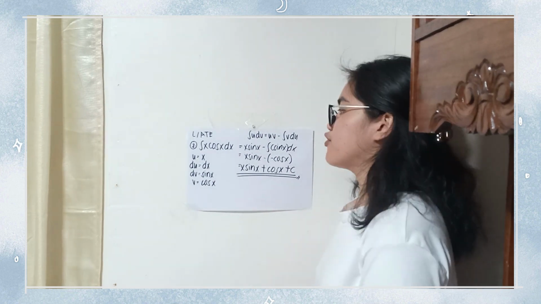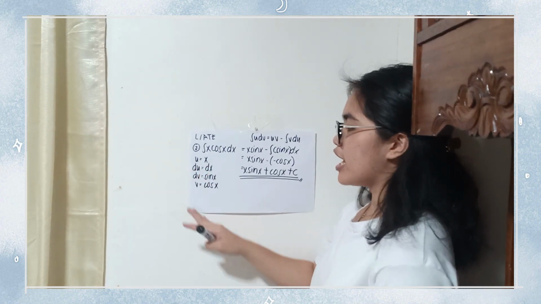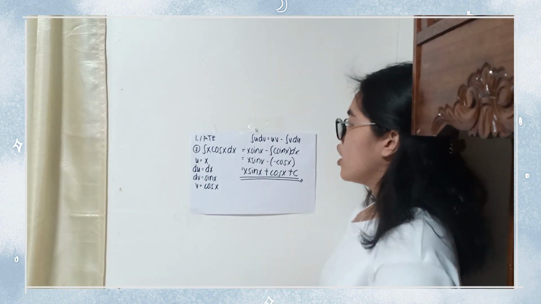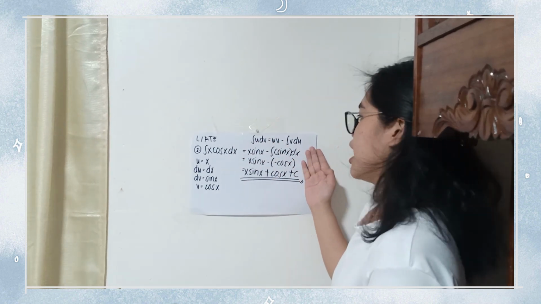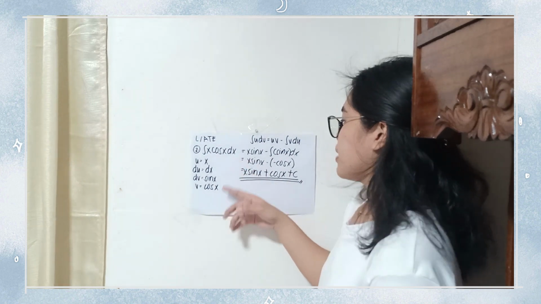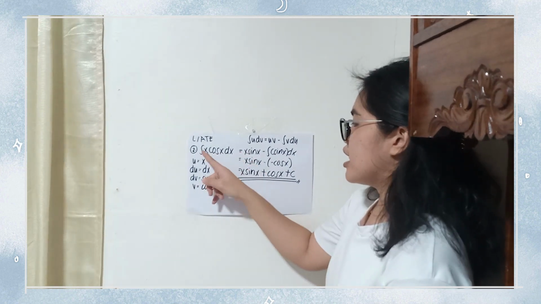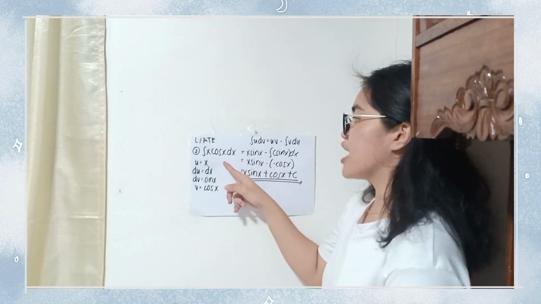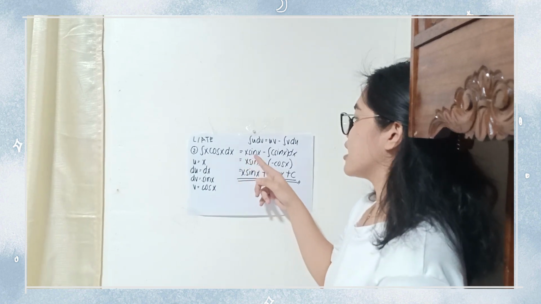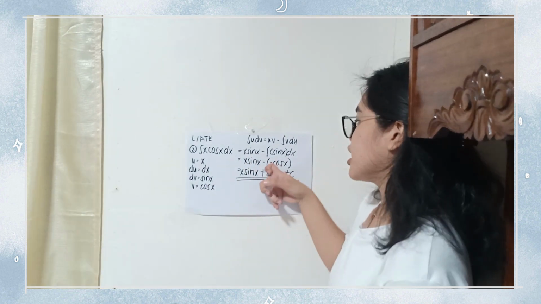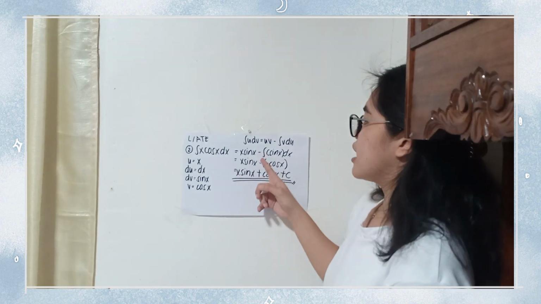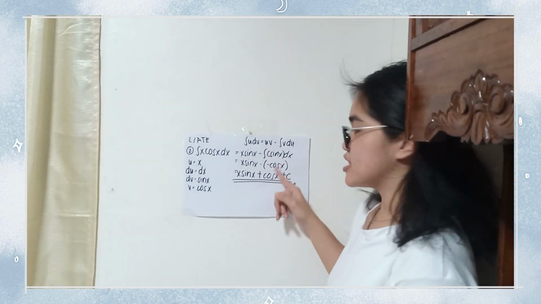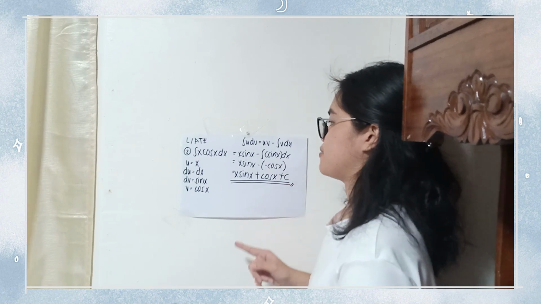Again, after finding v and u, we need to substitute using this formula. It will become integral of x cosine x dx is equal to x sine x minus integral of sine x dx. Again, the integral of sine x is negative cosine x.